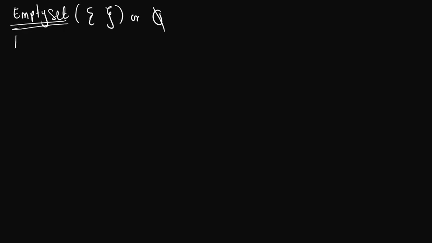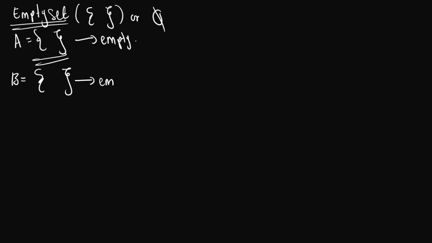Okay, so a very good example is if you have A, such that A is some set, and there is nothing in A, then this makes A empty. At the same time, if B is a set and this set contains nothing, then automatically B is an empty set. You may use this symbol to represent an empty set, or you can use this symbol. They are just one and the same thing.